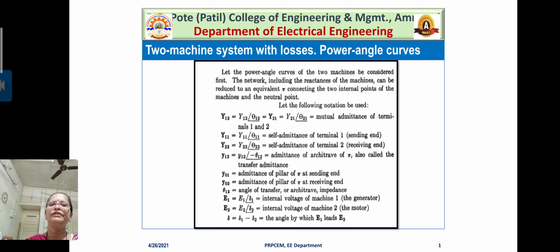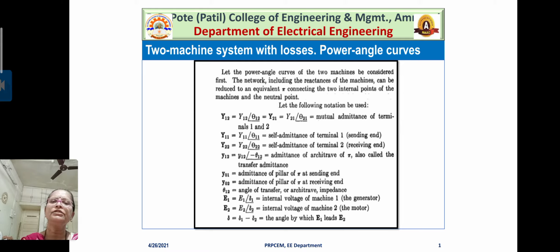You already know the pi circuit from your network analysis, along with the T network. In the pi network, the two pillars are joined by a horizontal line, and that is known as the architrave of the pi circuit.